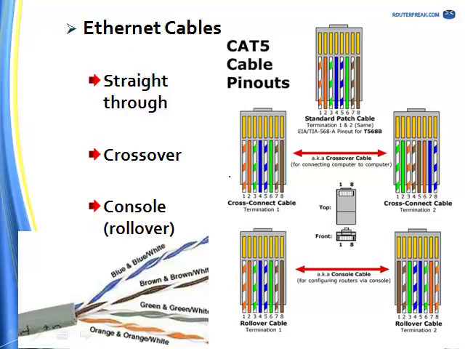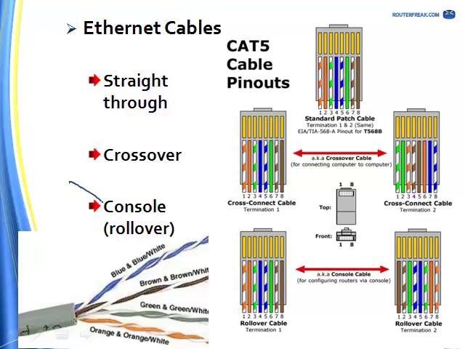But when you make your own cable, you need to make sure that all the little wires get put into the RJ45 the right way. And we're going to talk about that here in a second. There are three different major types of pinouts that you'll see on your Ethernet cable. You have a straight through, you have a crossover, and then you have a console cable, also referred to as a rollover cable.